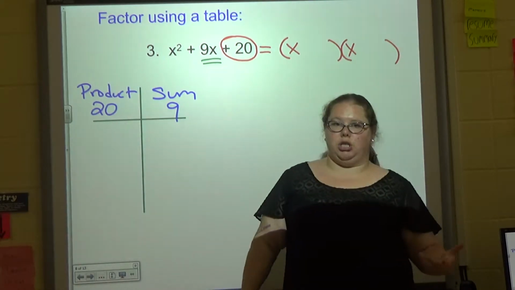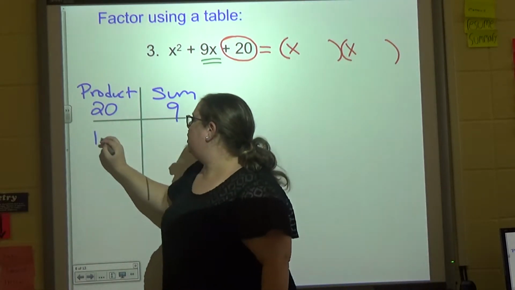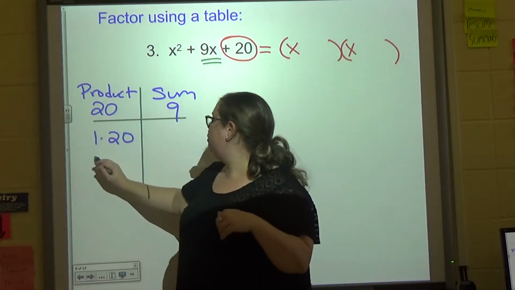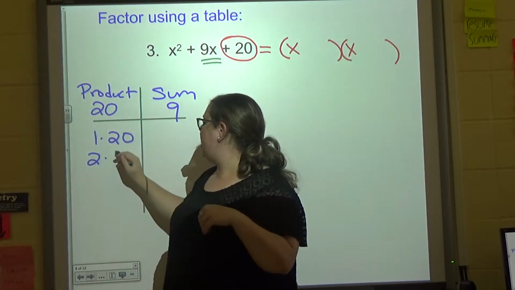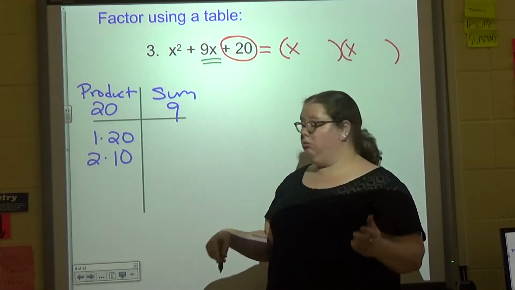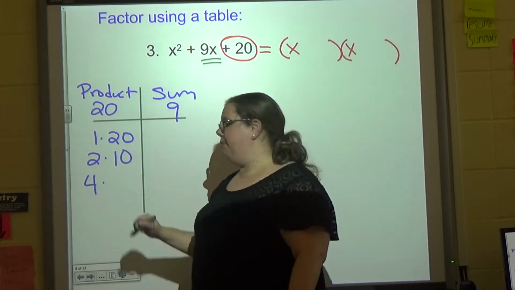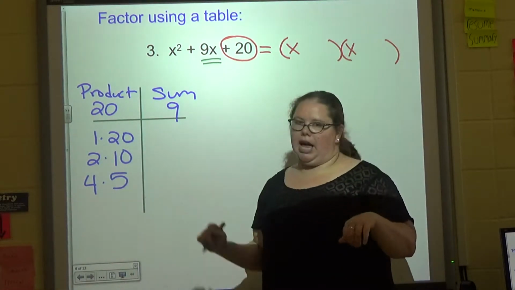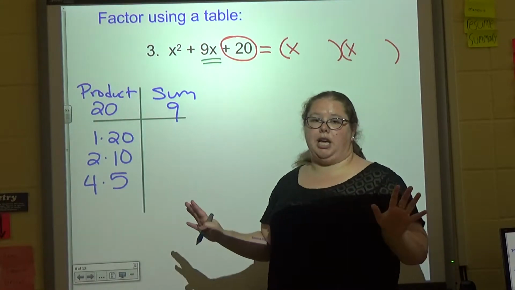What numbers multiply to 20? 1 times 20, and then I'm going to move up to 2. 2 times 10. 3, does 3 go into 20? No. 4 times 5. And then after 4 comes 5, which I already have. So once I turn myself around, I'm done.